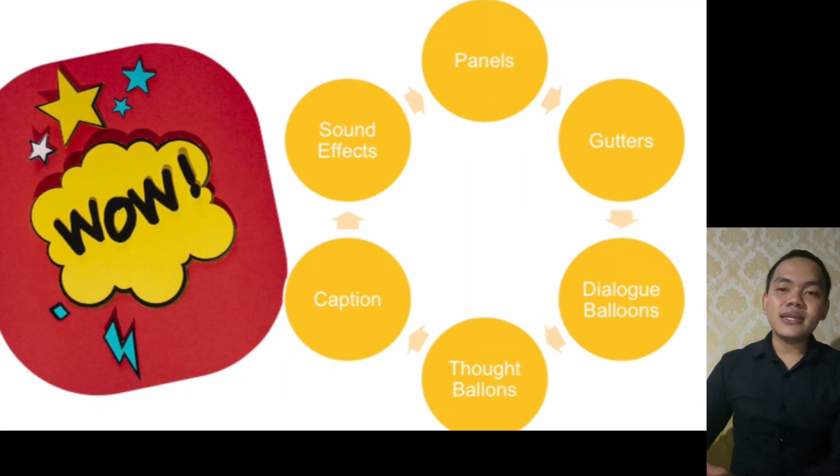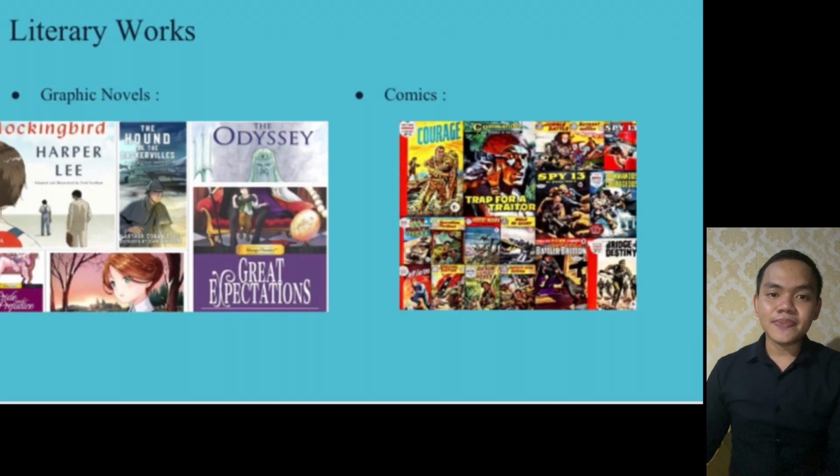And here are examples of literary works. The first is graphic novels and then comics. In graphic novels, you may read Pride and Prejudice. It's the greatest love story ever. And The Odyssey, Great Expectations, and many more. And also comics. This is interesting for everyone. No matter how old they are, they must have experienced reading comics.